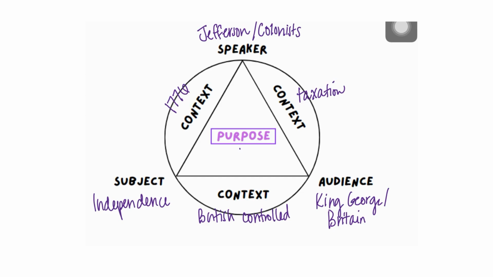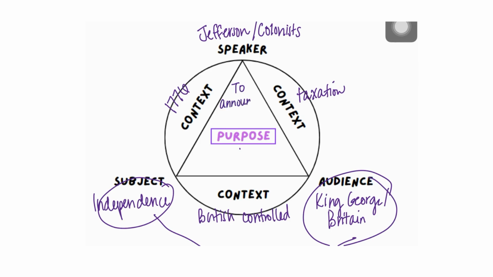So, what did the colonists want? What were they trying to do in sending this document about independence to the British? Well, essentially, to announce their freedom or independence from British rule.